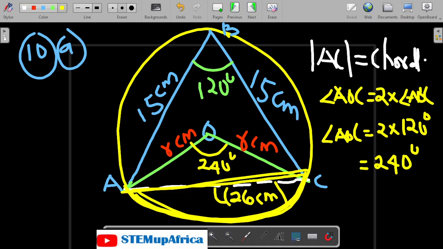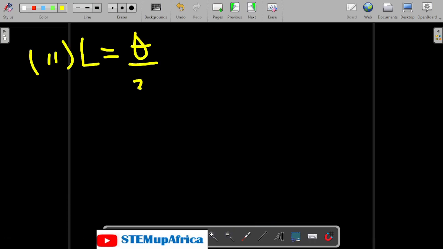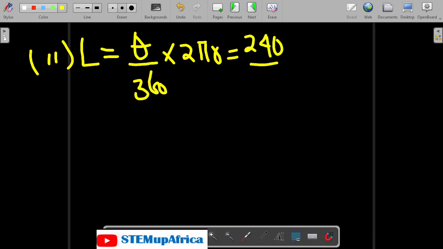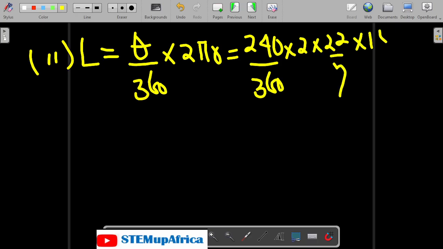So let's find the length of arc from A to C. Remember, length of arc, as we know, is theta over 360 times 2 pi r. So theta now is 240 over 360 times 2 times 22 over 7 times the radius, which was calculated as 15.